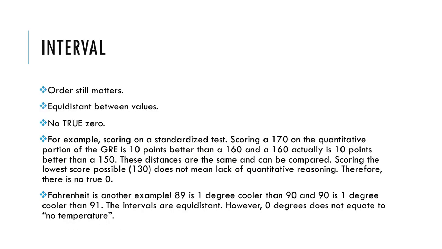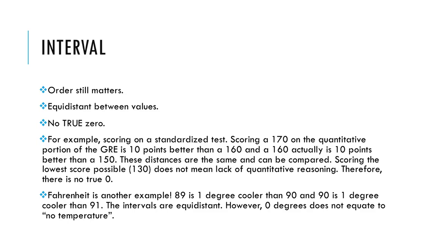Okay, so for interval, the order still matters, and the values between these variables are the same. They're equidistant, but there's no true zero. For example, if you're taking the GRE, which is a standardized test for graduate school, like you took the SAT to get into college, the highest score on the GRE is a 170.